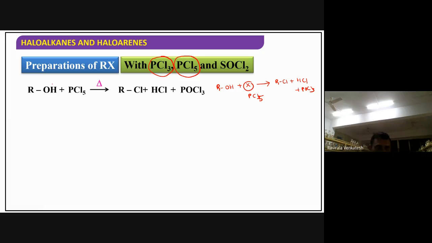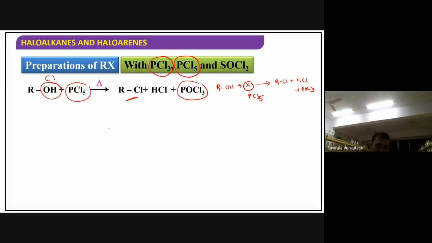Now what is happening here? In place of OH, I am getting chlorine. PCl5 is converting into POCl3, and one more chlorine reacts with hydrogen to give HCl. So the main product is this one. If you practice like that, it is easy for you.